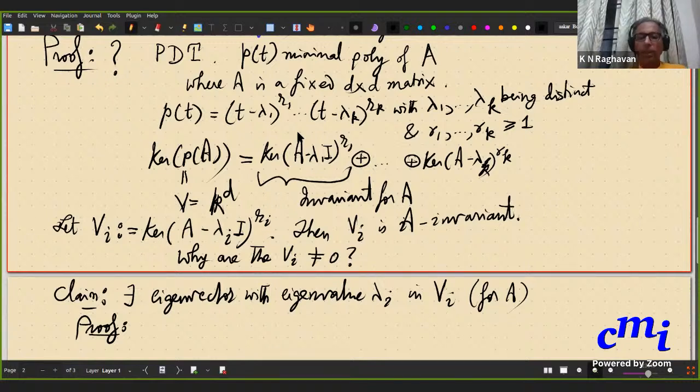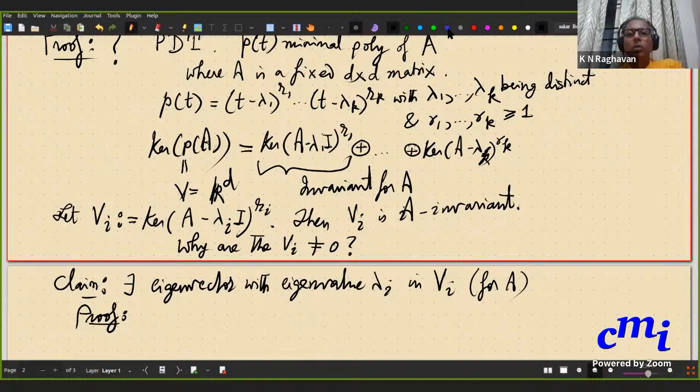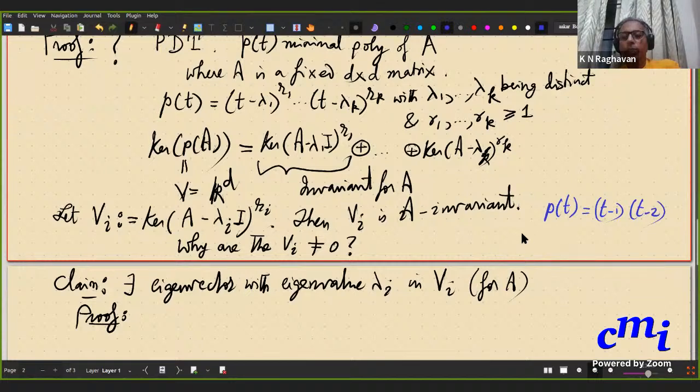So let's take an example. Suppose my minimal polynomial is, just a simple example, (T minus 1)(T minus 2). And I take V1 to be the kernel of T minus 1, V2 to be the kernel of T minus 2.